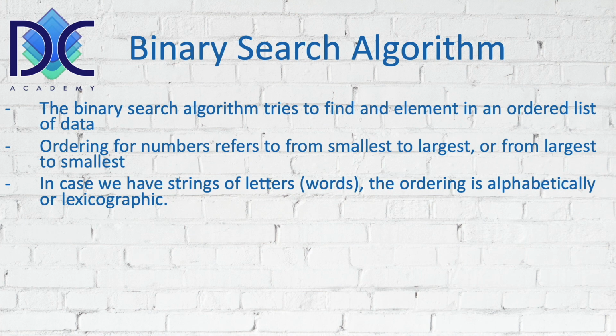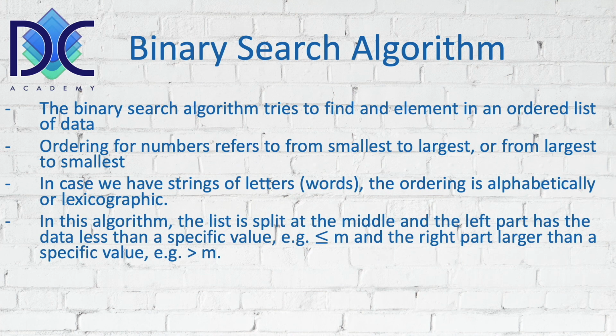Like I said, when we look at file names, be careful, because file names consider the numbers that you put in there as letters, and then the ordering is a little bit different. So you have to understand how the ordering is really done.